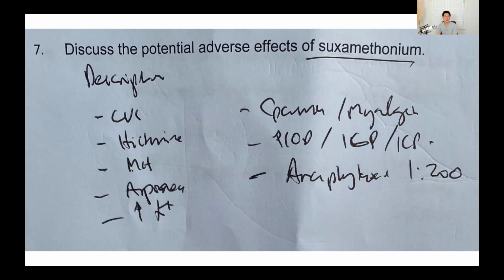So 1, 2, 3, 4, 5, 6, 7, 8. So 8 points of discussion at least. And then after that, you sort of expand on each concept as well. So really good breadth there. And then after that, the time will be spent on getting depth for each of these points here.